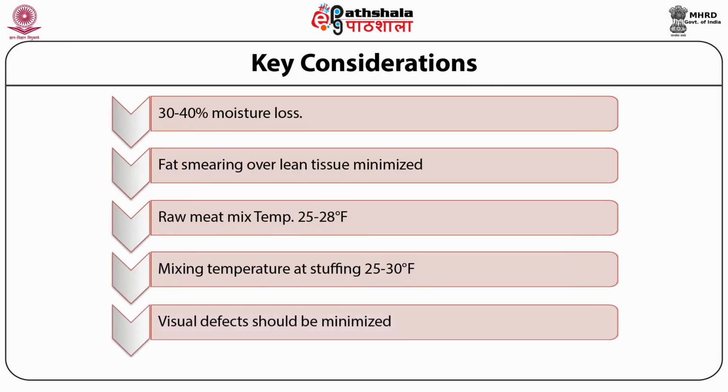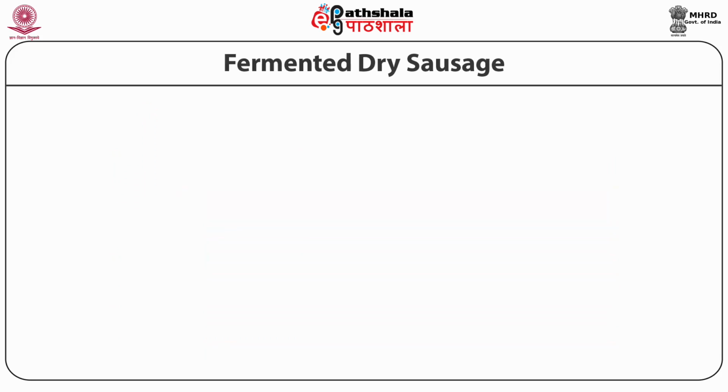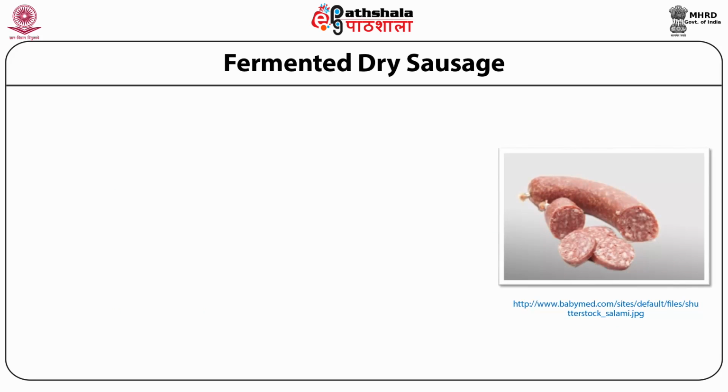Meat visual defects, for example blood clots, should be minimized since they are magnified with drying. A typical example of a fermented dry sausage formulation and process would be that of US-style pepperoni.